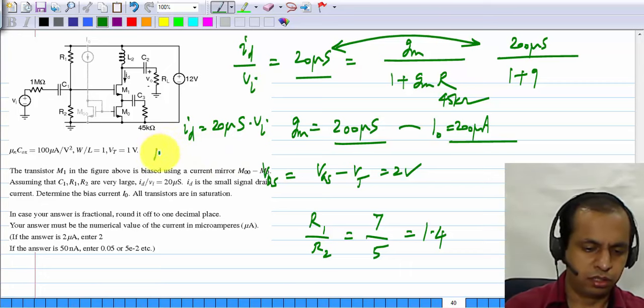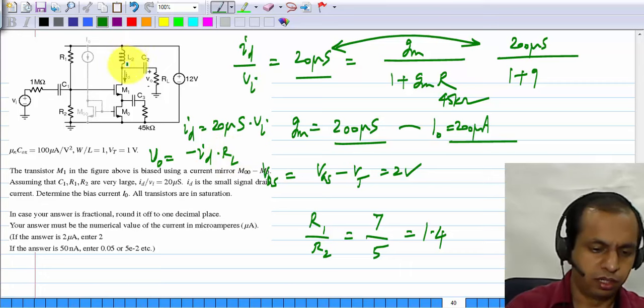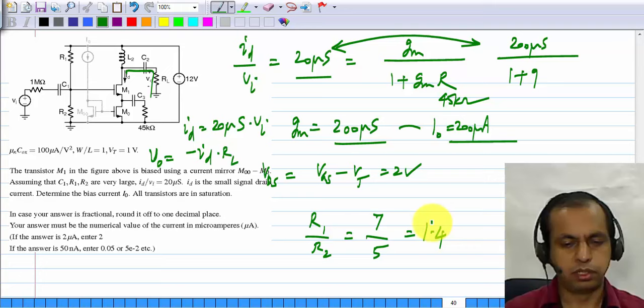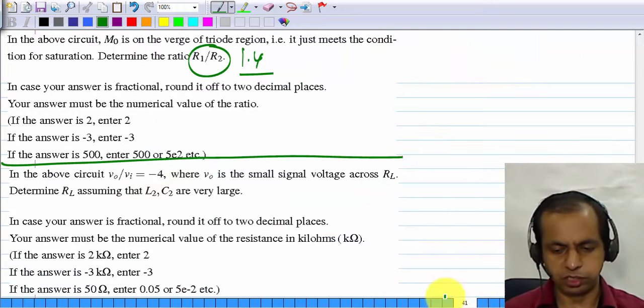And V0 is nothing but minus ID times RL. If L2 is an open circuit and C2 is a short circuit, all of it goes that way. Okay, and here you are given that V0 by Vi is minus 4.